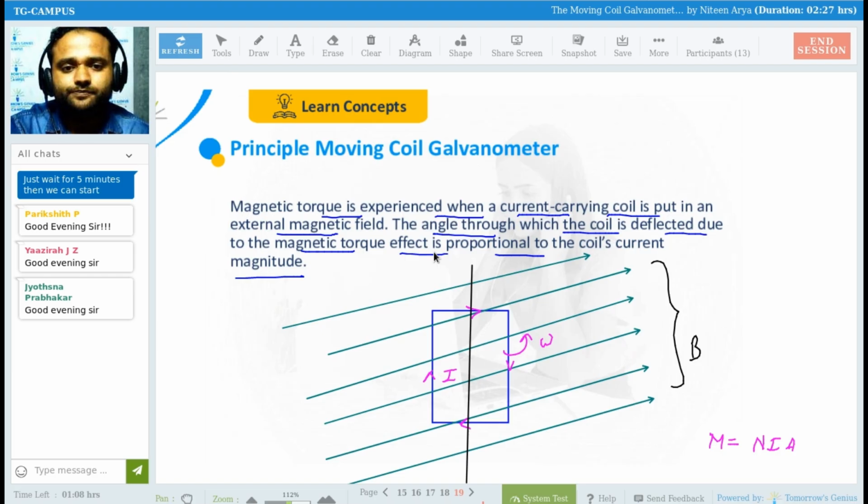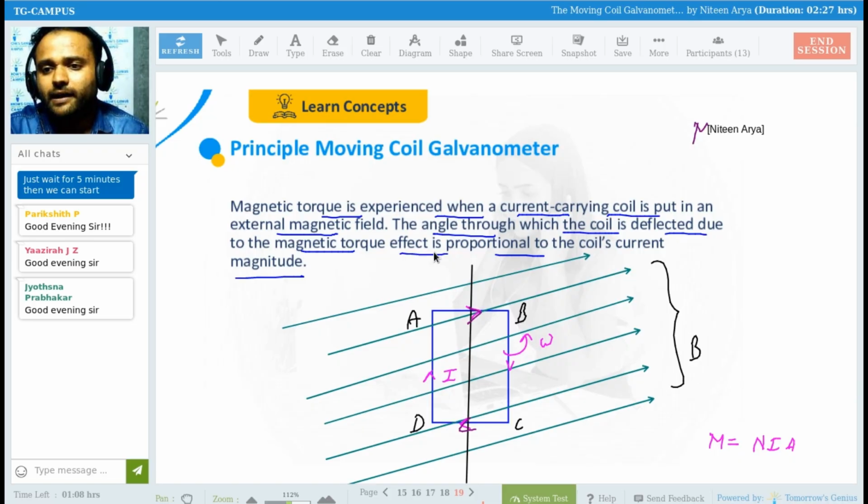Suppose there is a coil A, B, C, D. Right now I draw this a little bit tilted, but in the AB or CD branch, we cannot have any force, because the magnetic force is I, B, magnetic field, L sine theta.